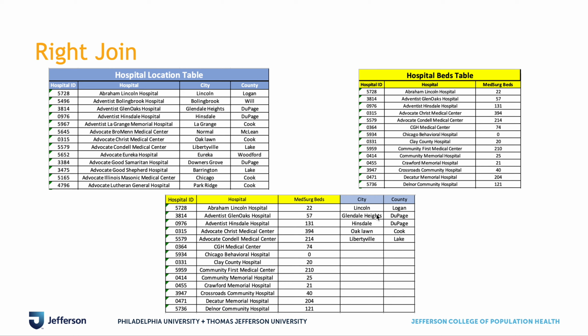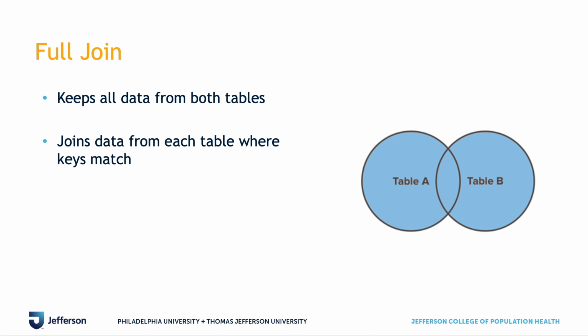And so we get these first 5 rows here. Again, there's only 5 common hospital IDs in these two tables, so there's only 5 pieces of data as a result for the 2 hospital location columns that are coming over.